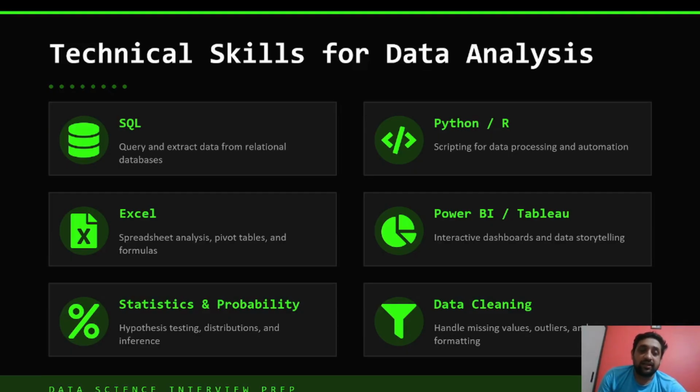And finally, data cleaning. This is arguably the skill you'll use the most in real-world data jobs. In the real world, data is messy. There are missing values, duplicate records, inconsistent formats, outliers that skew your results, and columns that were entered incorrectly.